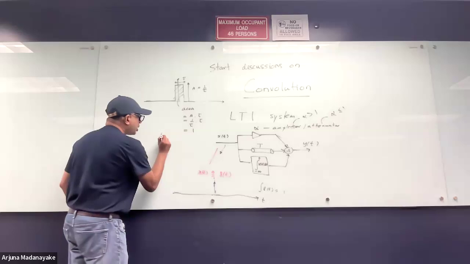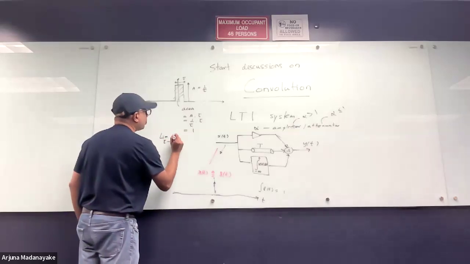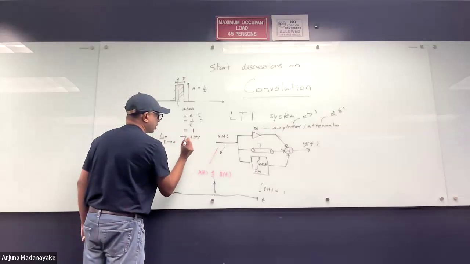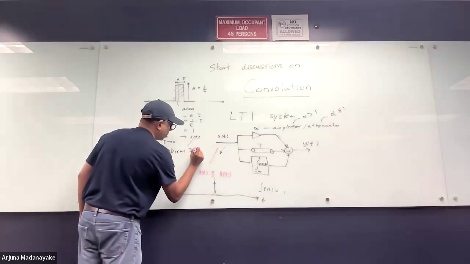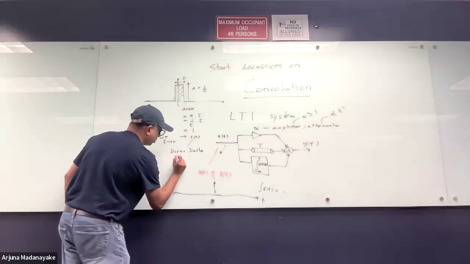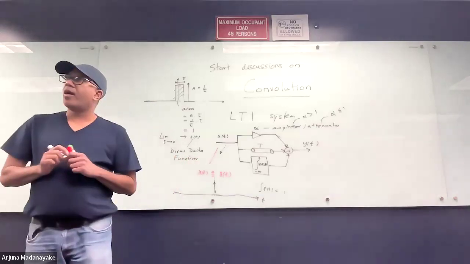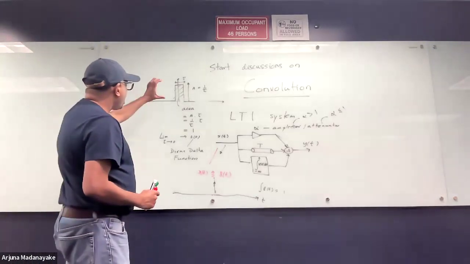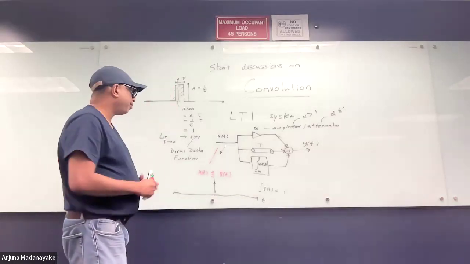And we take the limit as tau tends to 0, right? Gives you delta. By definition, this is called the Dirac delta function. So the Dirac delta function is an impulse function which has an area, that means its integral, defined as 1.